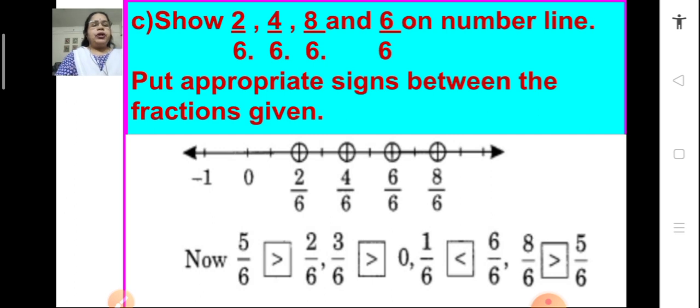And between 1 upon 6 and 6 upon 6, which one is greater? 6 upon 6 is equal to 1. So it is greater than 1 upon 6. And 8 upon 6 and 5 upon 6, we have the same denominators. So 8 upon 6 is greater than 5 upon 6.